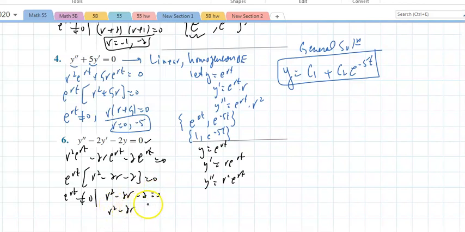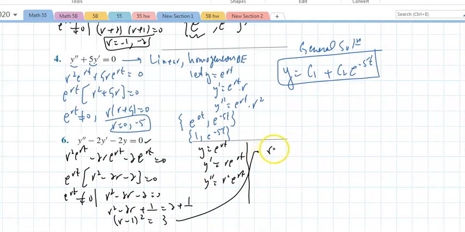R squared minus 2r minus 2. You could use quadratic formula. I'd rather use completing the square. Take half of the middle number and square it. That says r minus 1 squared equals 3. So here I am getting r minus 1 equal plus or minus radical 3. I'm sorry. And r will equal 1 plus or minus radical 3.